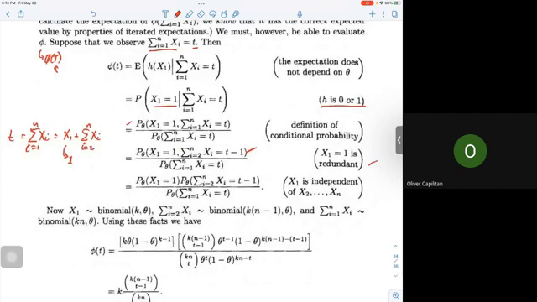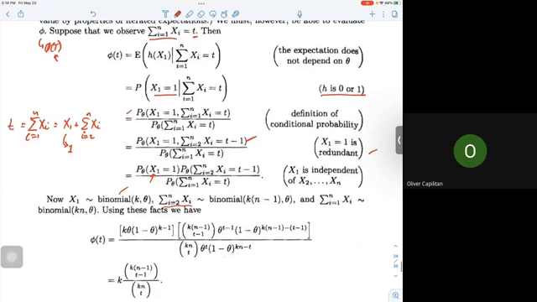Alam natin na itong x1 is binomial, k trials and probability of success is theta here. Ito is also binomial with k times n minus 1 trials with probability theta. And then the summation of x sub i also has a binomial distribution with kn trials with parameter theta.